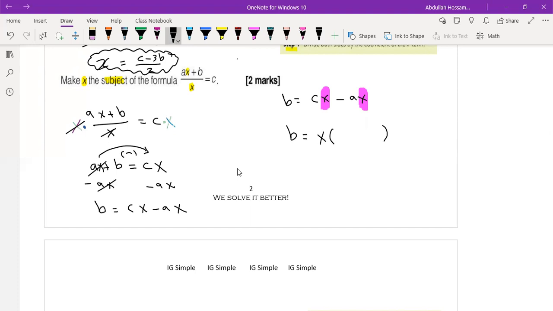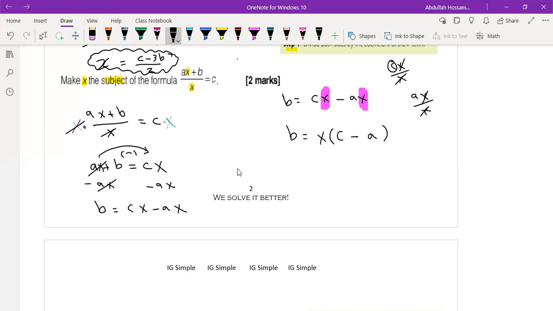You divide cx by x, you have only c. ax divided by x, you have only a. So the answer is b equals x, open bracket, c minus a. You can do it mentally: you remove the x and you are left with c only, and here a only.